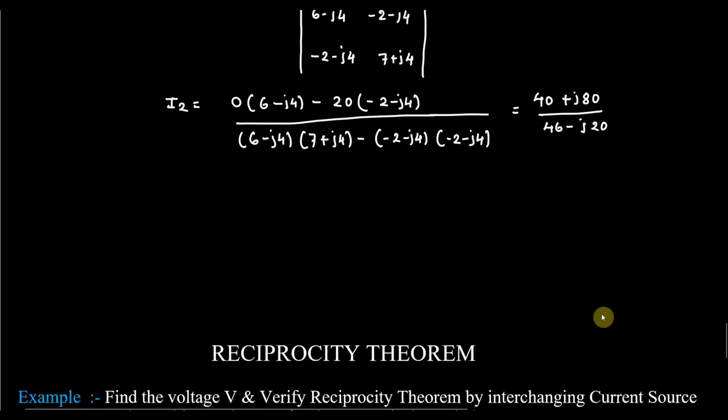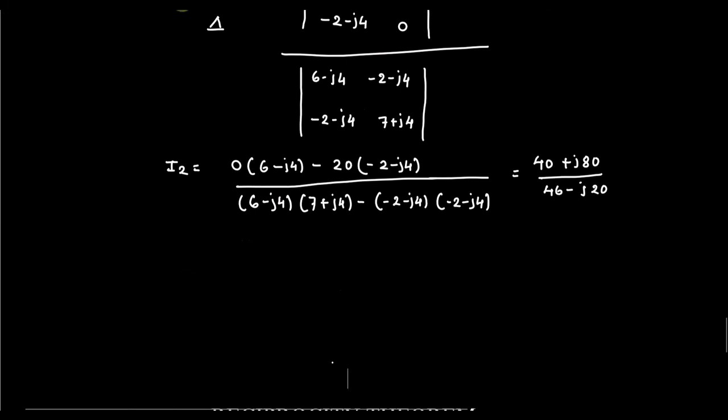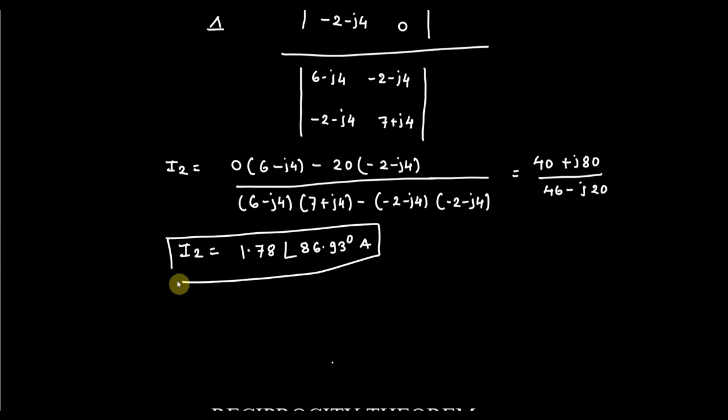So we get the same answer, and if you solve this, your I2 comes out to be 1.78 at an angle 86.93 degree ampere. Fine. So we got the value of I2.